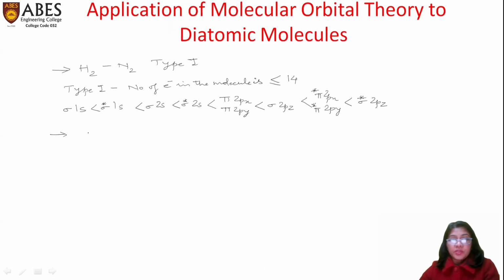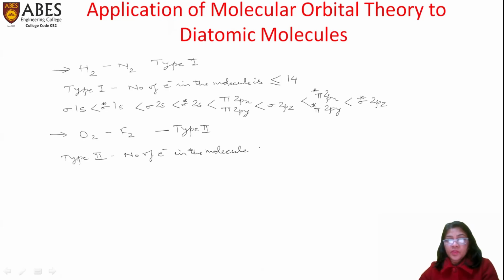For the molecules which are ranging from oxygen to fluorine, the sequence which is followed is type 2, and in this case type 2 involves the number of electrons in the molecule being greater than 14.